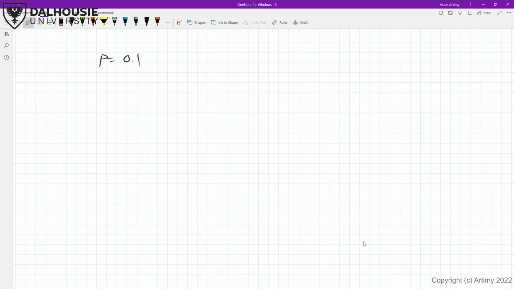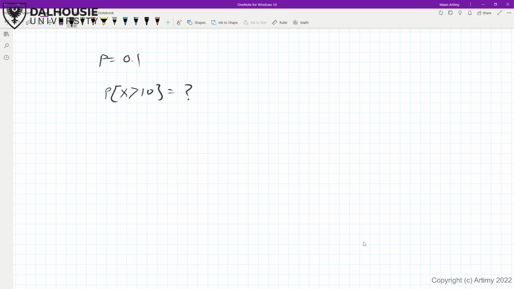The probability of finding a good candidate is 0.1. So what is the probability that the manager will need more than 10 trials to find the right candidate? I'm looking for this number.